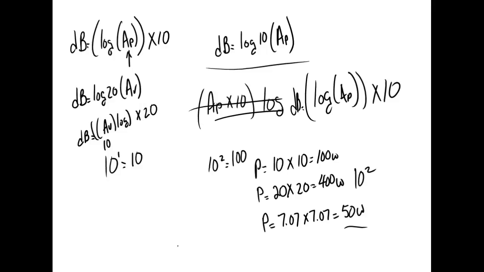That makes sense? So if I knew the current gain, this formula would be the same because it varies with the square of the current, or it varies with the square of voltage. So if I measured the current gain, I would do the same thing, but it would be AI log times 20, right? You understand why the 20? Because what are we doing? We're basically squaring the voltage, right? Because 20 dB is the same as a square.